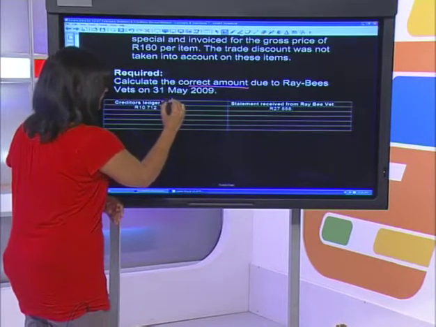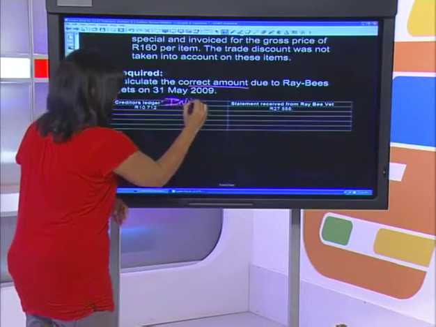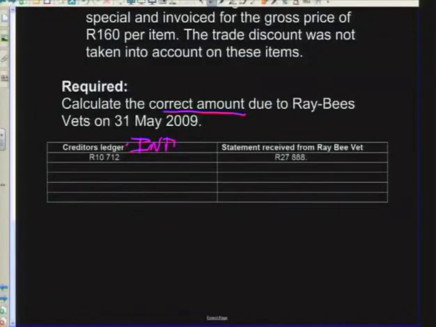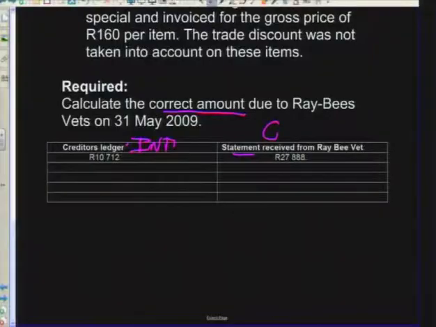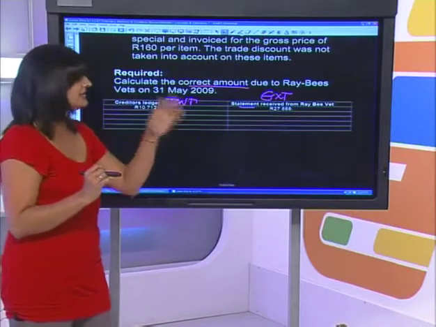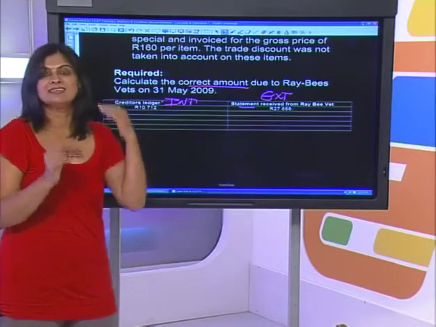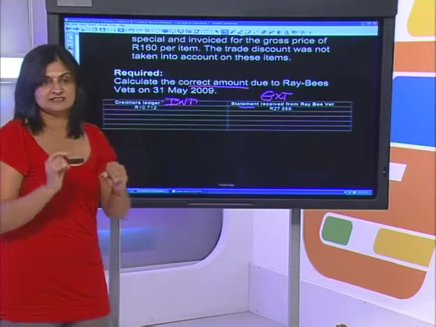Remember, this is our internal document. This is what we have prepared, which is showing a balance of 10,712 Rand. We've got to now compare the internal document to the statement that was received, the external document, the statement that was received from the creditor, which is showing a balance of 27,888. The comparison, guys, is already done, and they're now giving us a list of differences that they've found.